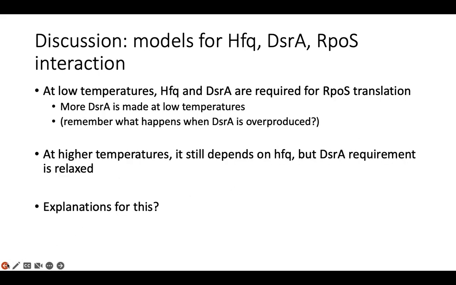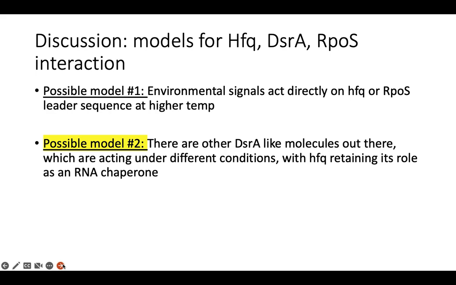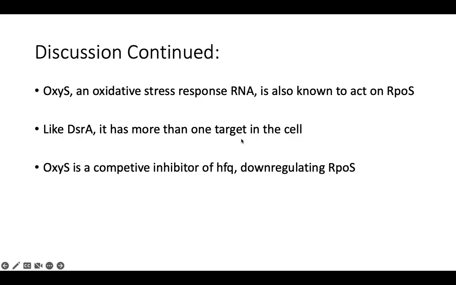So at high temperatures, instead of DsrA being here, maybe there's some other RNA that we don't even know about yet. So HFQ, of course, in that model would just be acting as an RNA chaperone, which is something that it's been shown to do.